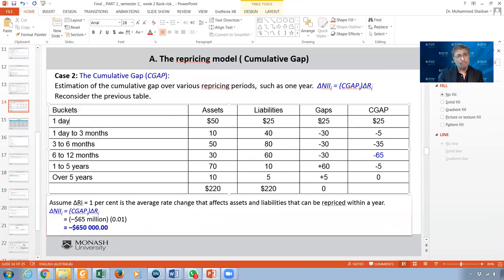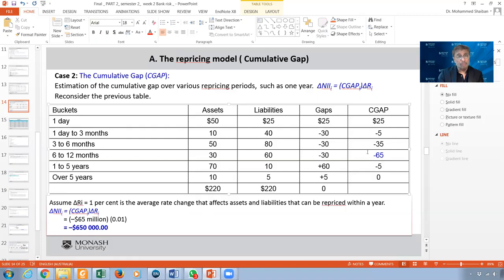So here, for example, 25, then this is the same numbers I get from the last slide. This is 30, so you have to decrease this from this. Now you are accumulating: 1 day to 3 months is actually minus 5. Cumulative from 1 day to 6 months is actually minus 5, minus 30, minus 35.